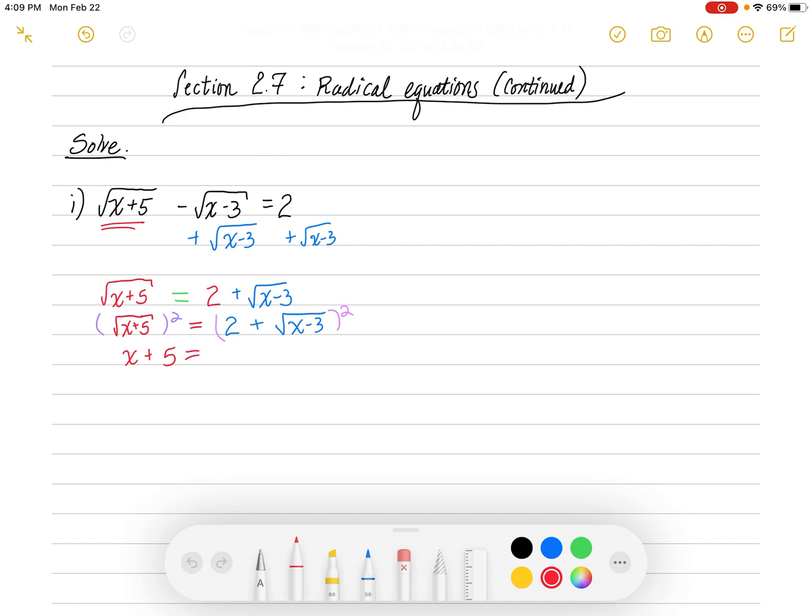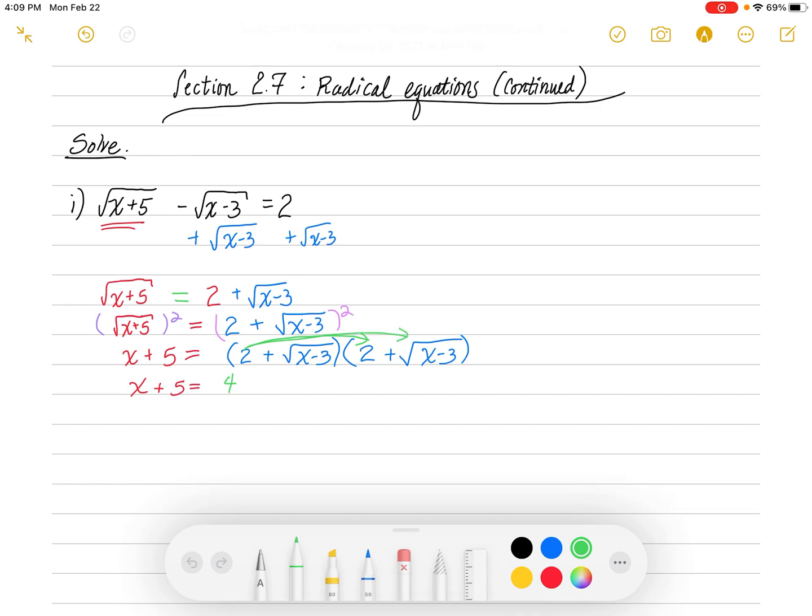And on the right side, when we're squaring that expression, that means you have to multiply it by itself. So we're going to have 2 plus radical x minus 3 multiplied by 2 plus radical x minus 3. On the left side, I'm just going to have x plus 5. I'm going to copy that down. On the right side, I'm going to have to FOIL. First terms, 2 times 2 is 4.